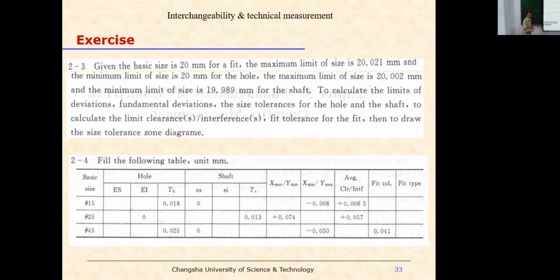Equals plus 0.065. So you just use these four equations to calculate ES, EI, TH, or maximal clearance, or minimal interference.